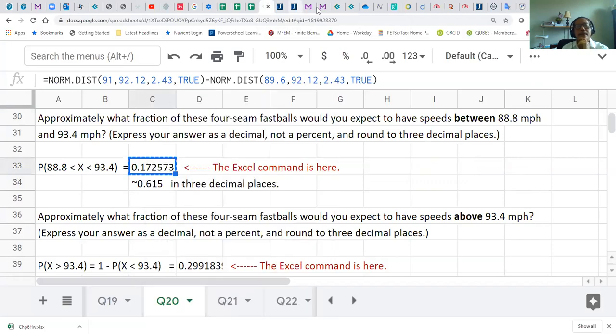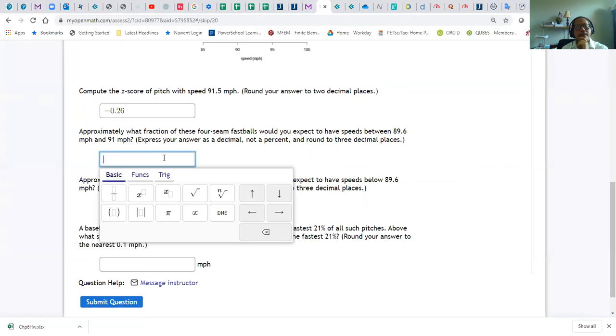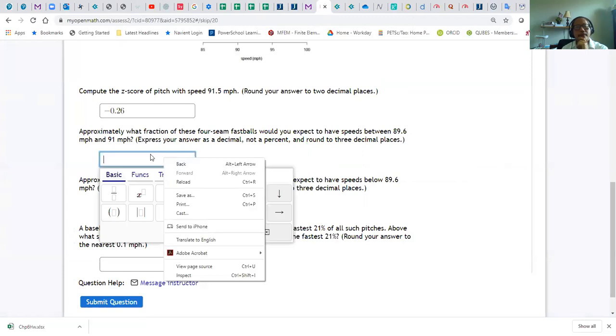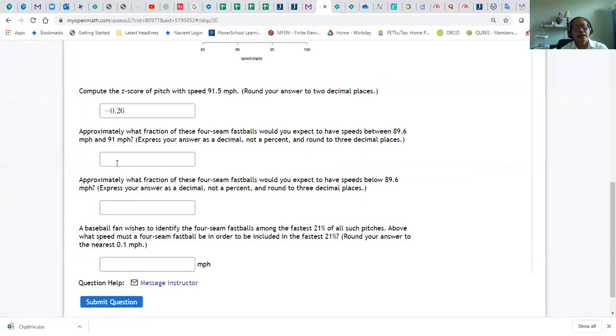But check the second question. Apparently I cannot copy and paste it.